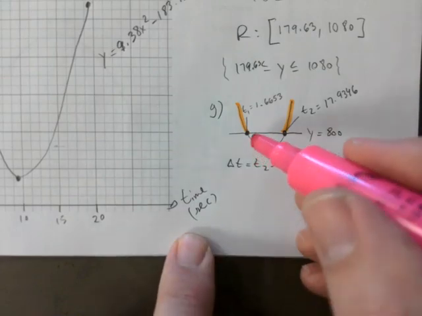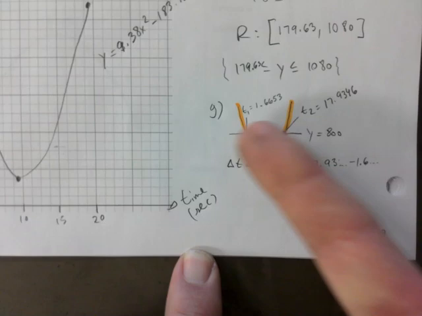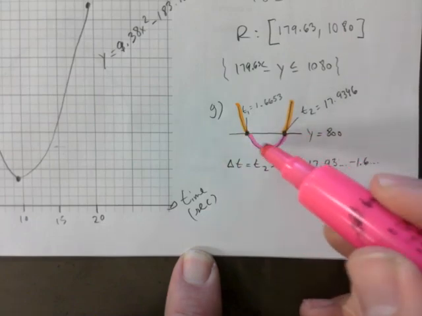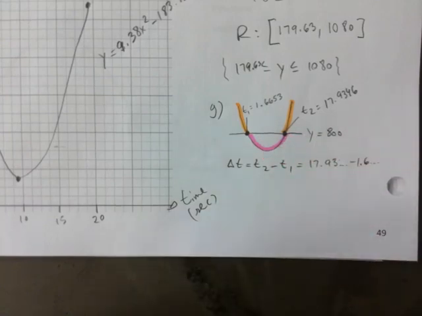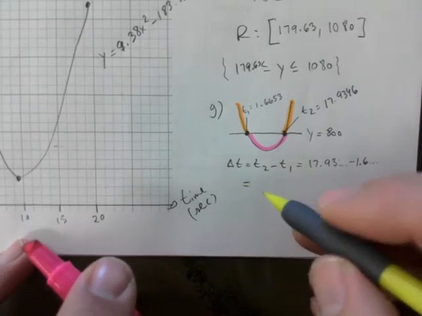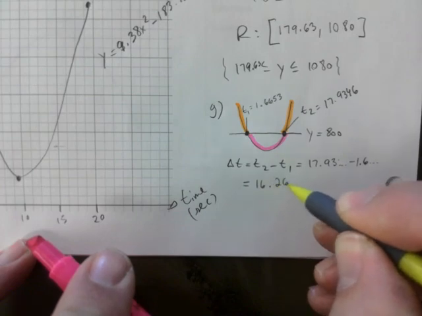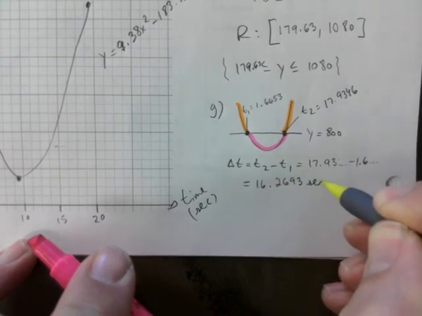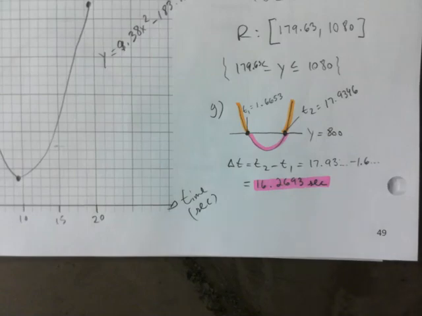When you subtract these two, you're finding the little cap here, the time spent below. So when you do that, you get 16.2693 seconds. However, you're finding the cap. Where is the cap? The cap is below 800, correct? You want whatever is above.